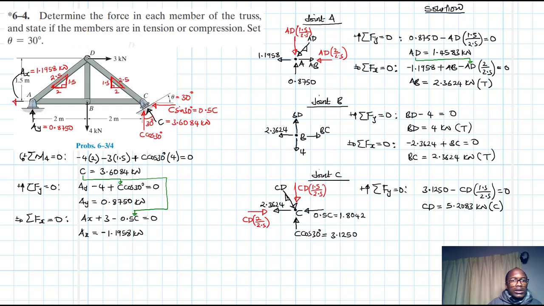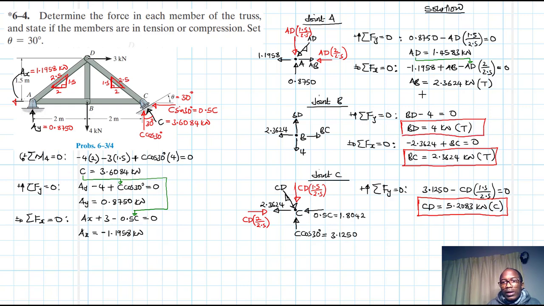Yes. Let's just outline them. We have CD, and it's in compression. We have BC and it is in tension. And then we have BD and it is in tension. And then you have AB and it is in tension, right?